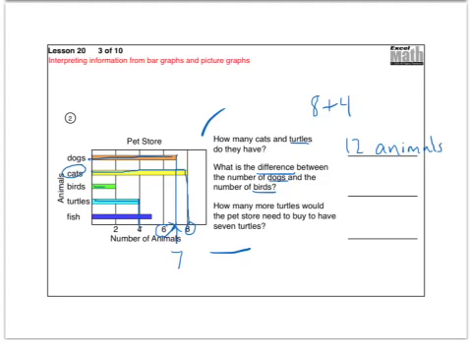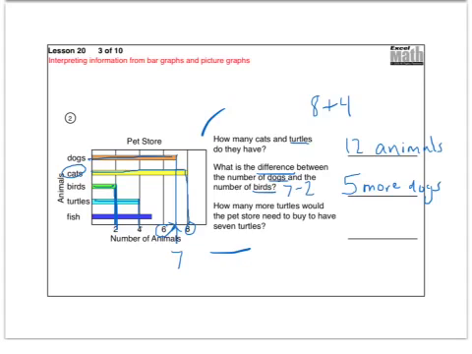And then birds comes down just right to there where the 2 is. And so our number sentence is 7 minus 2 to find the difference. And you'd say 5. And you don't say 5 difference. It's actually 5 more dogs, right? So we'd say 5 more dogs for our answer there.